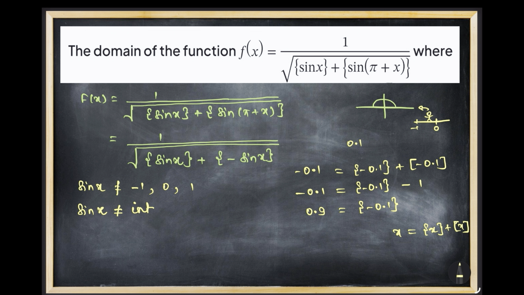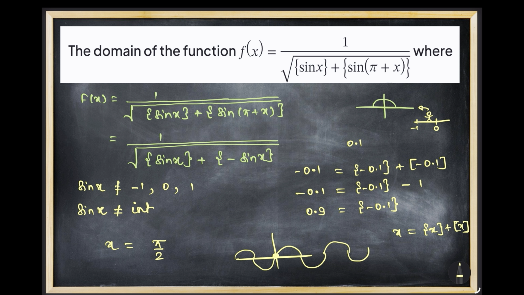So sine produces an integer at what numbers? If x is, try to understand, at 90, minus 90, 0. Just look here.